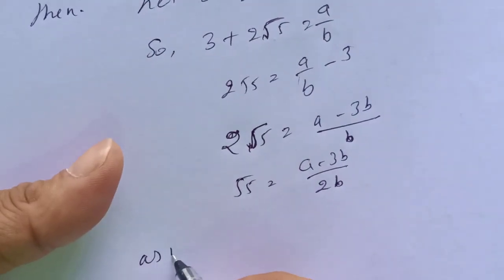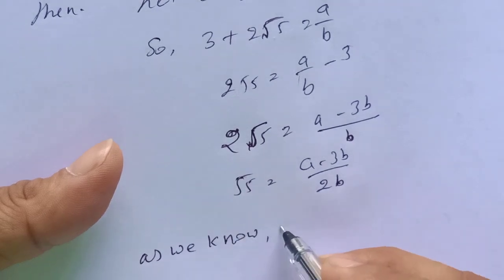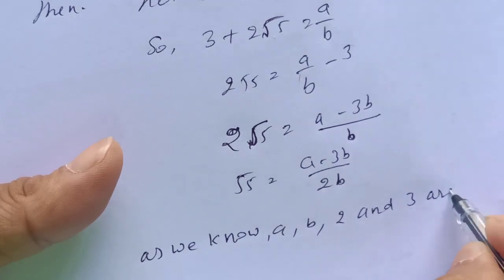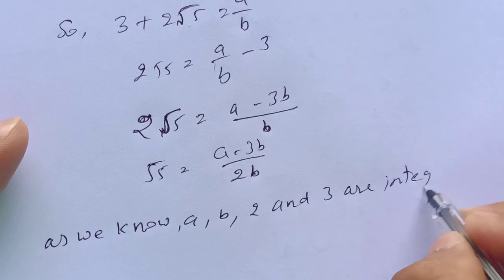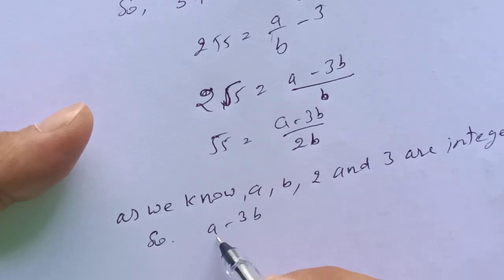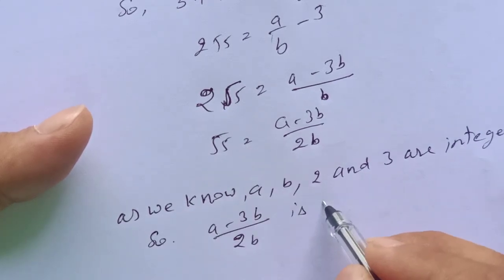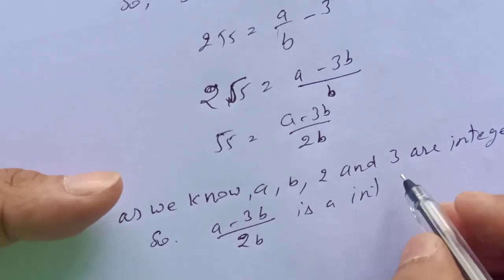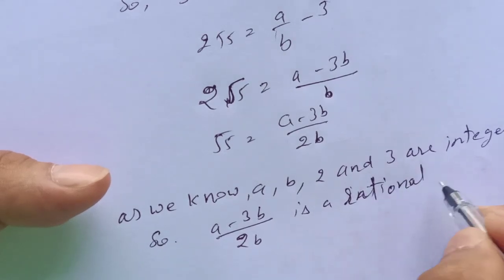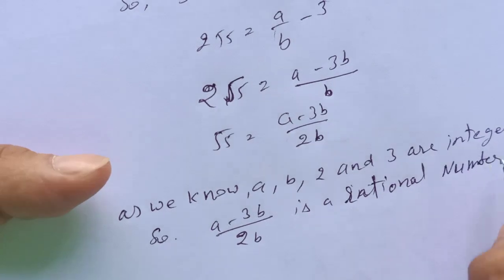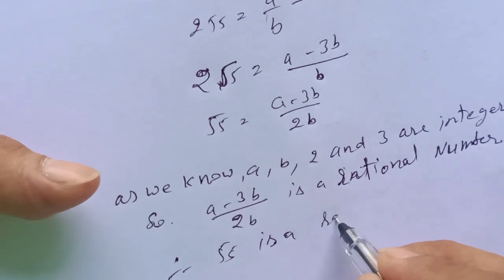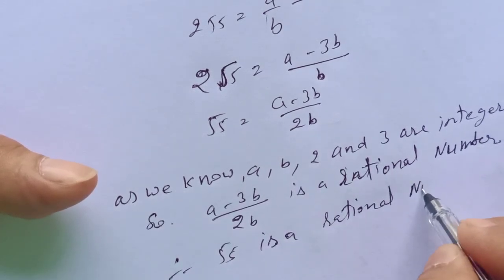As we know, a, b, 2 and 3 are integers. So a minus 3b upon 2b is a rational number. Therefore, root 5 is a rational number.